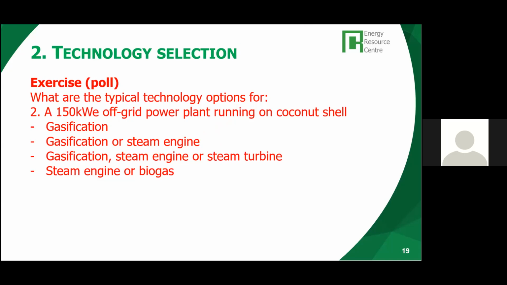Is that gasification? Is that gasification or steam engine? Is that gasification, steam engine, or steam turbine? Or can it be steam engine or anaerobic digestion? The poll is opened. You're welcome to cast your vote.